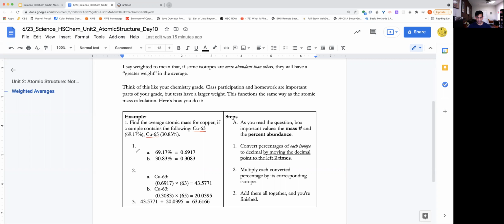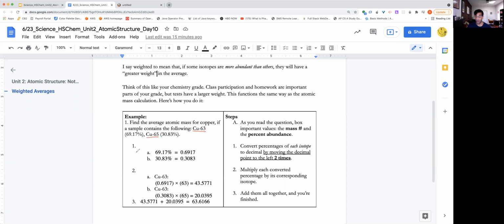Let's start with the percentages. The first thing that we need to do is convert percentages to decimals. I'm sure you've done this before. If we want to take 50% of something, we divide that 50 by 100. That means moving the decimal point 2 times to the left. We get 0.5, and then we multiply that 0.5 by whatever the value is that we want to find 50% of.